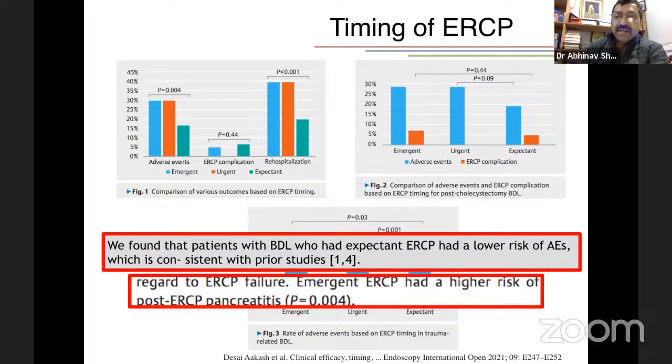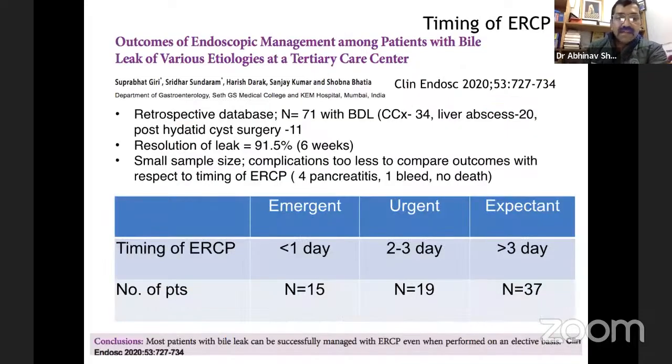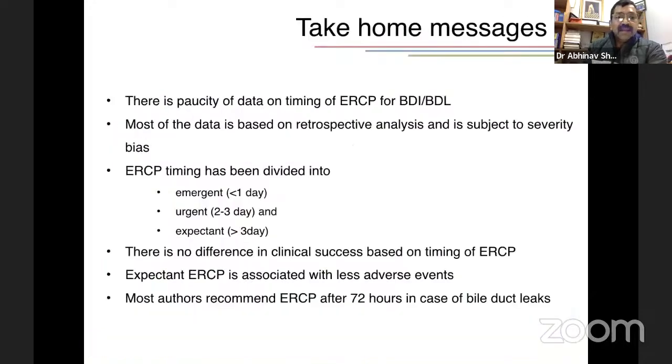So this is the emergency bias which this study might be subject to. Then there is a study from KEM hospital, where they looked into emergent, urgent, and expectant treatment in bile leak, but the rate of complications is very low and the sample size is low, so no conclusion can be drawn from this study with respect to timing of ERCP.